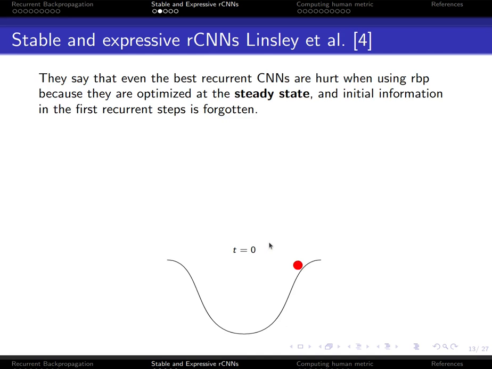This paper goes on the premise that recurrent CNNs trained using recurrent backpropagation are hurt by the nature of this algorithm, because it optimizes the recurrent CNN in a steady state. And they say that optimizing in a steady state is bad because in the steady state we don't have all of the information that was needed to reach that point.